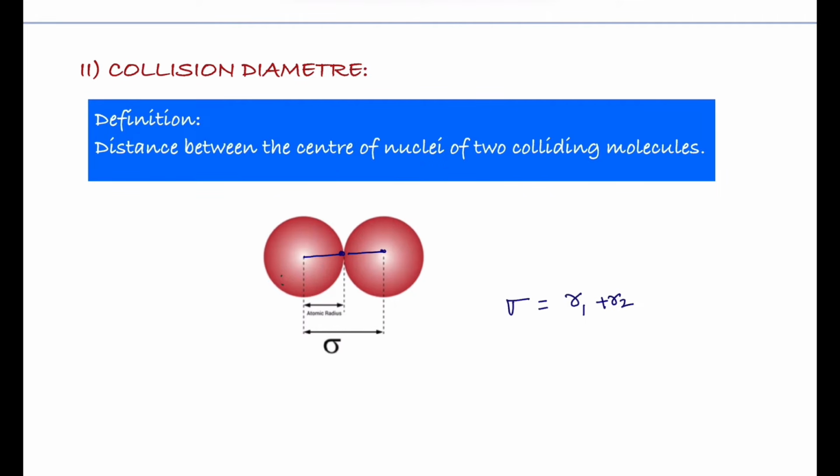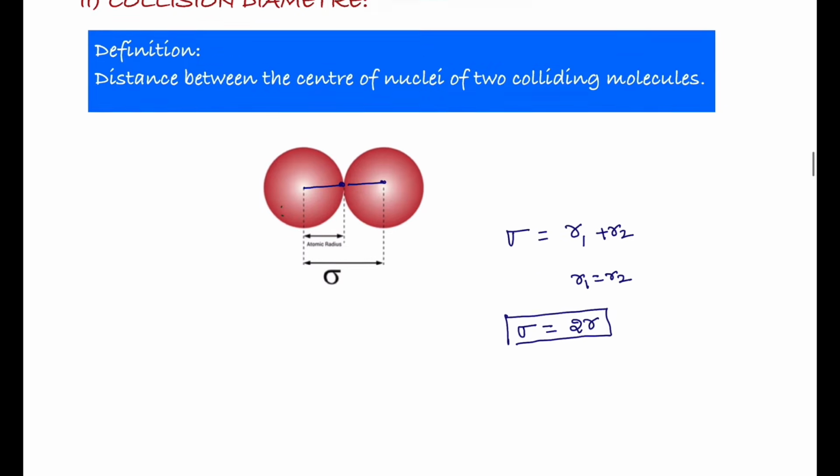If you take two molecules of the same gas, then R1 is equal to R2. In that situation, sigma, that is the collision diameter, is equal to 2 times the radius of the gas molecule.